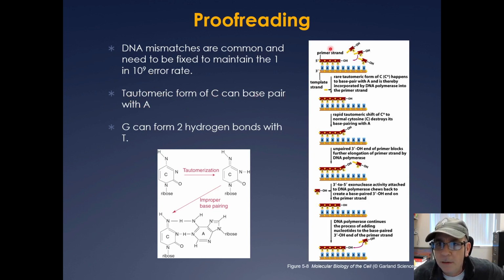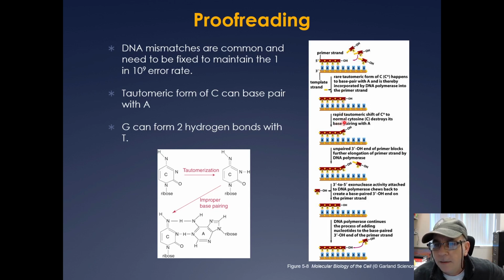But what if you want to just follow the schematic over here? You can have all different forms of nucleoside triphosphates over here, and if you have your primer strand copying a stretch of A's, for example, occasionally a tautomeric form of cytosine can come in and base pair with an adenine.